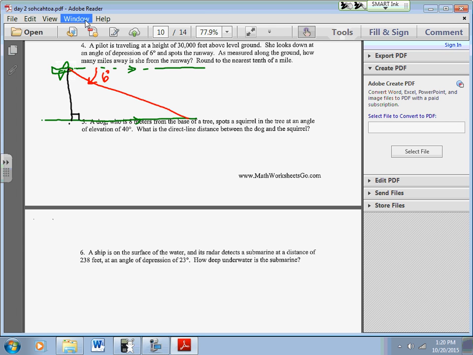It's asking you for the adjacent to this angle. Now, does everybody see that these two angles are alternate interior angles of parallel lines? And the reason why I know they're parallel is because the plane is constantly at 30,000 feet above the ground, and the ground is, assuming that the ground is flat.